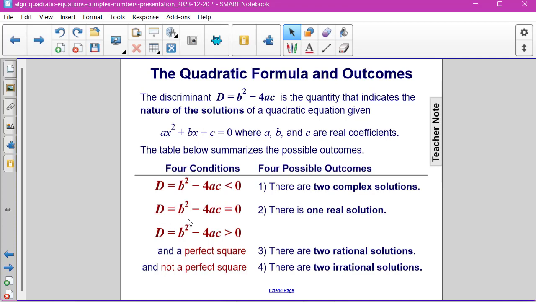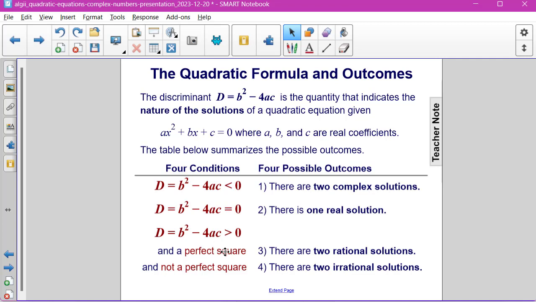If the discriminant b squared minus 4ac is equal to 0, then there is one real solution, and that one real solution is actually the vertex of our parabola. If the discriminant b squared minus 4ac is greater than 0, then there are two potential outcomes.